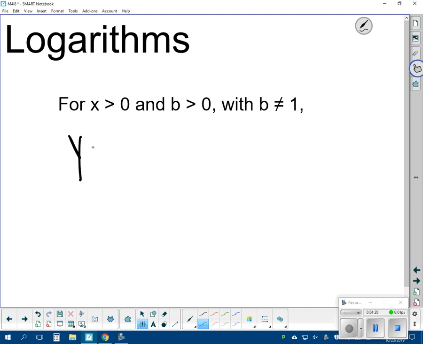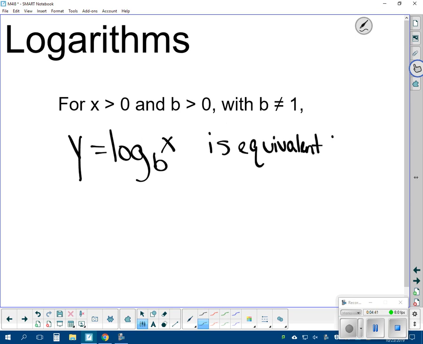Y equals log. Log is, of course, short for logarithm. Base b of x is equivalent to b to the y power equals x.